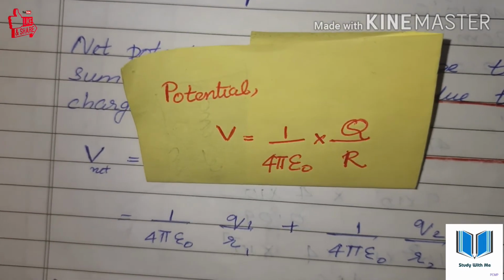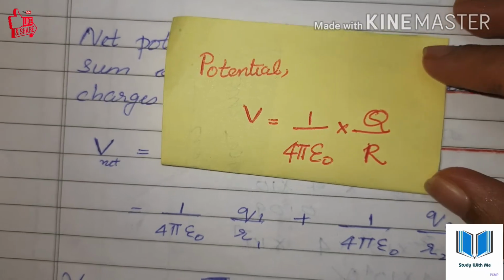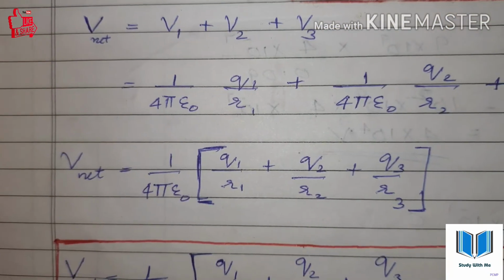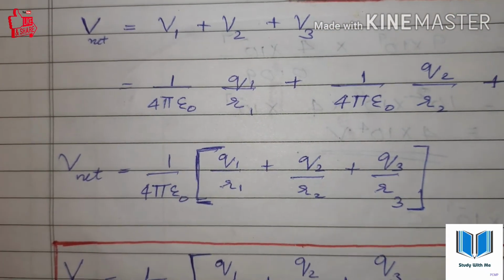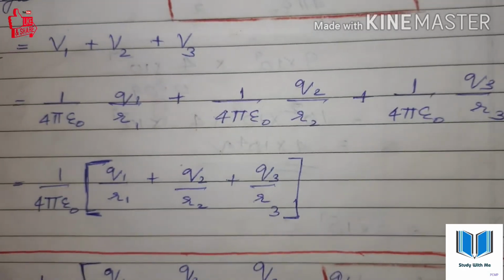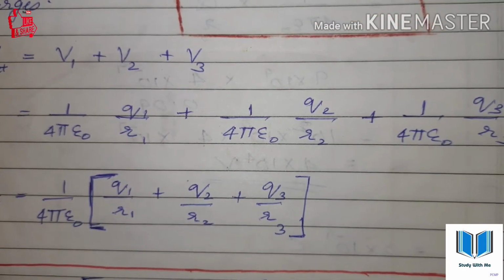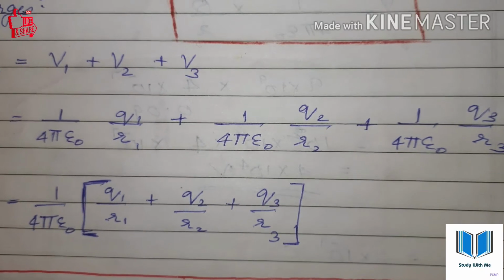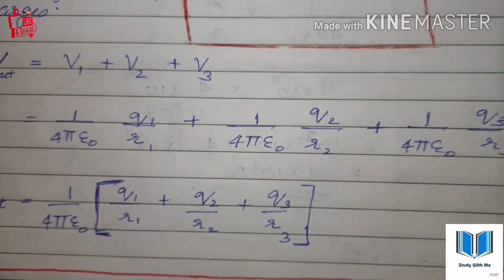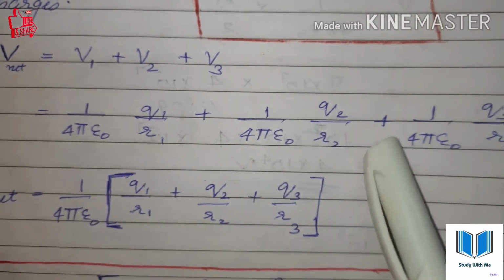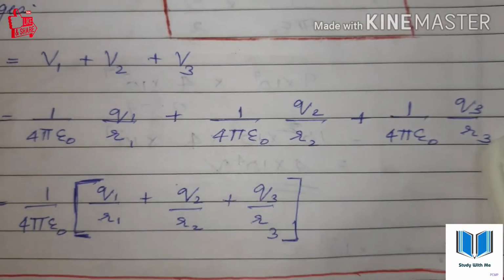We denote potential by the letter V. So this is the value we get after substituting the three terms: the potential due to the charge Q1, Q2 and finally Q3.